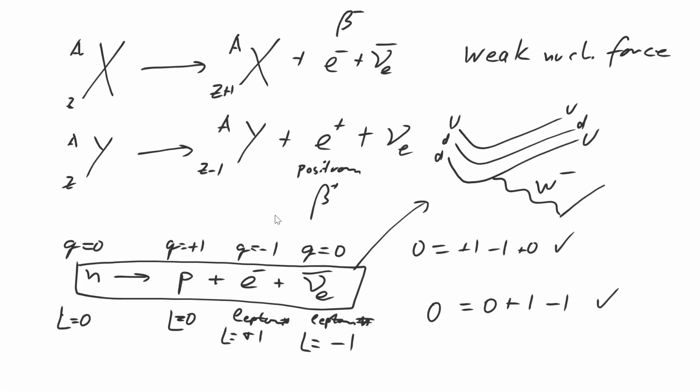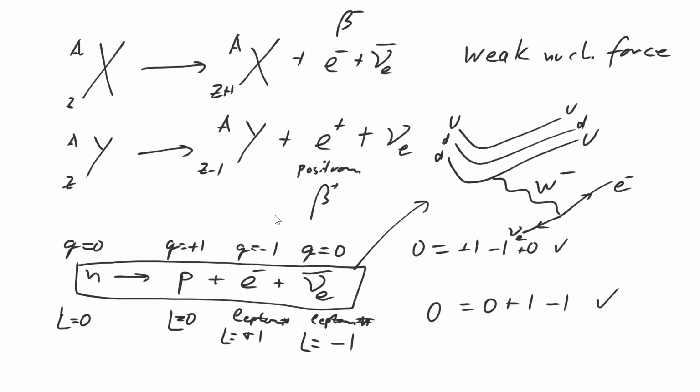And that then becomes the electron and the electron anti-neutrino going forward, or I could have drawn it, an antiparticle going forward is kind of like the same as a particle going backward in time, right?